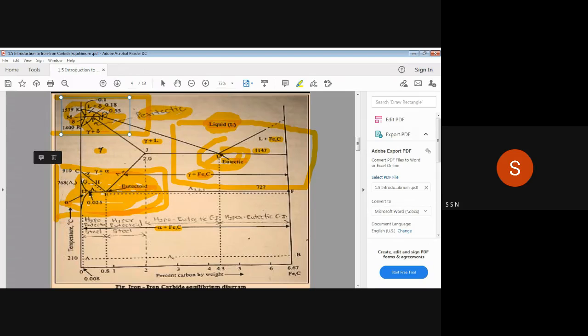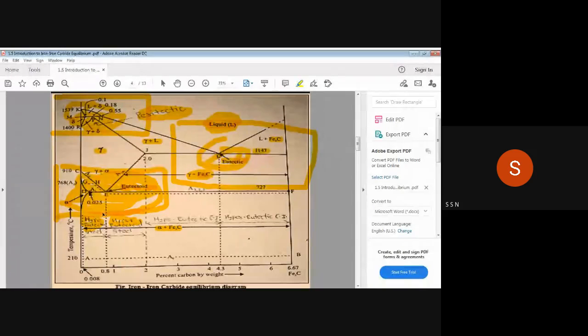सिमिलरली in this eutectoid transformation also we can say two: hypo-eutectoid transformation is there and hyper-eutectoid transformation is also there.